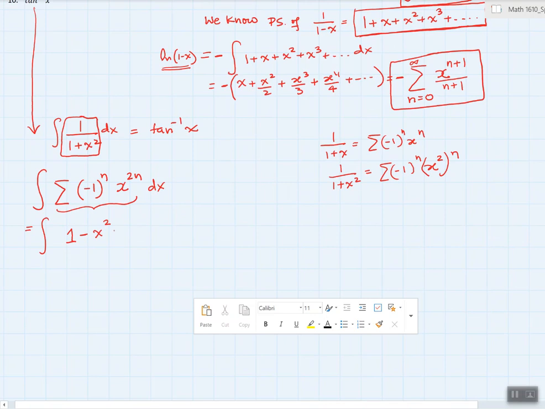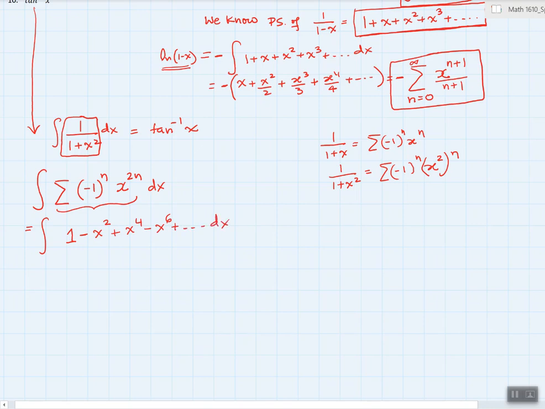Then n is 2, so I'll get plus x to the power 4, then minus x to the power 6, plus, and so on. So now let's integrate this. When I integrate 1, I get x, then minus x cubed over 3, then plus x^5 over 5, minus x^7 over 7, and so on.